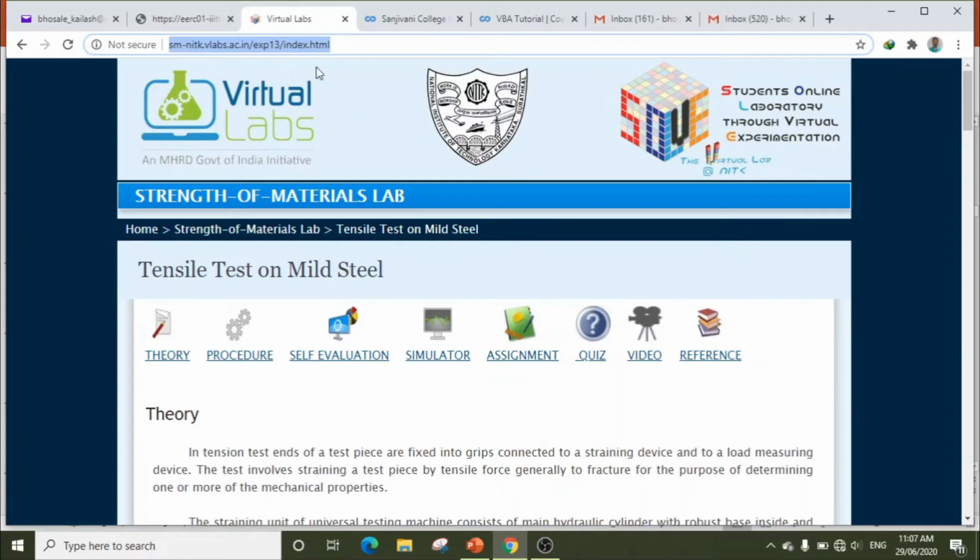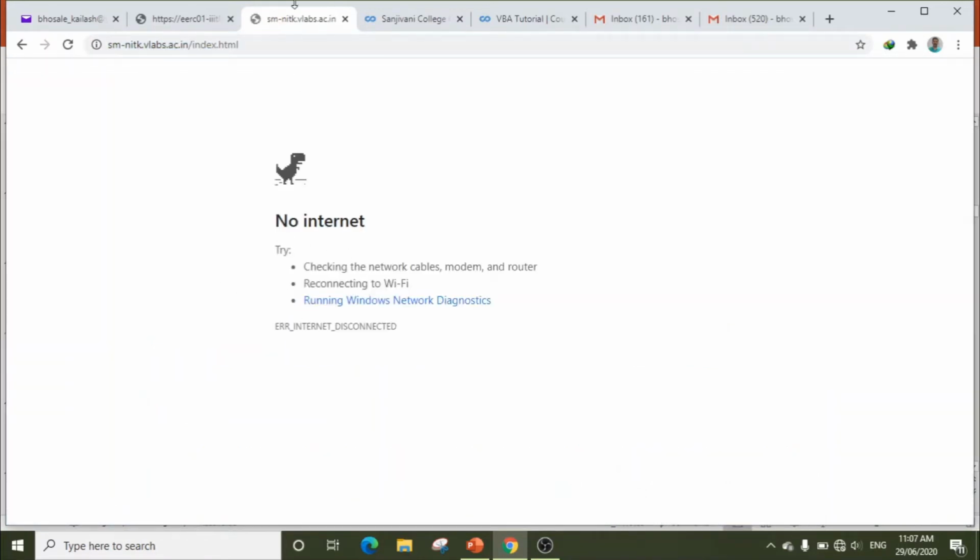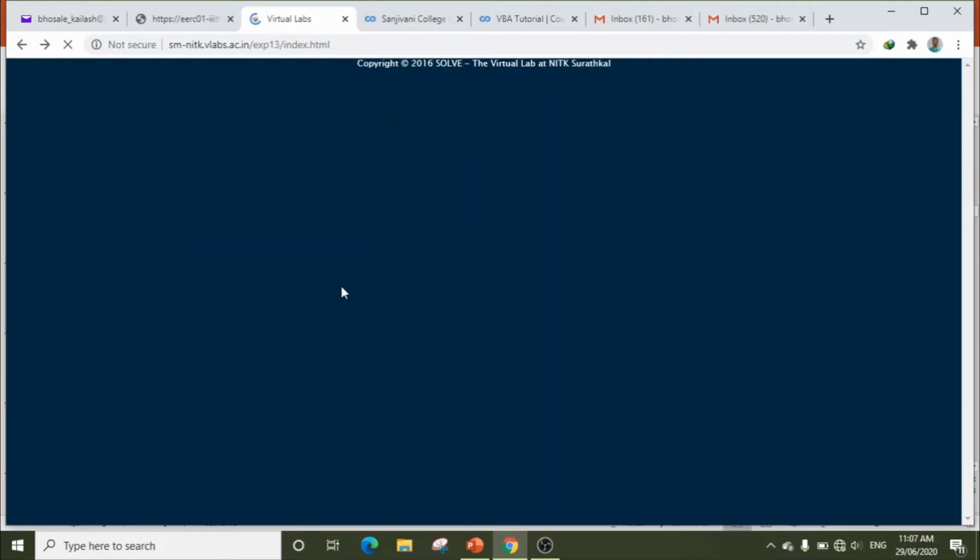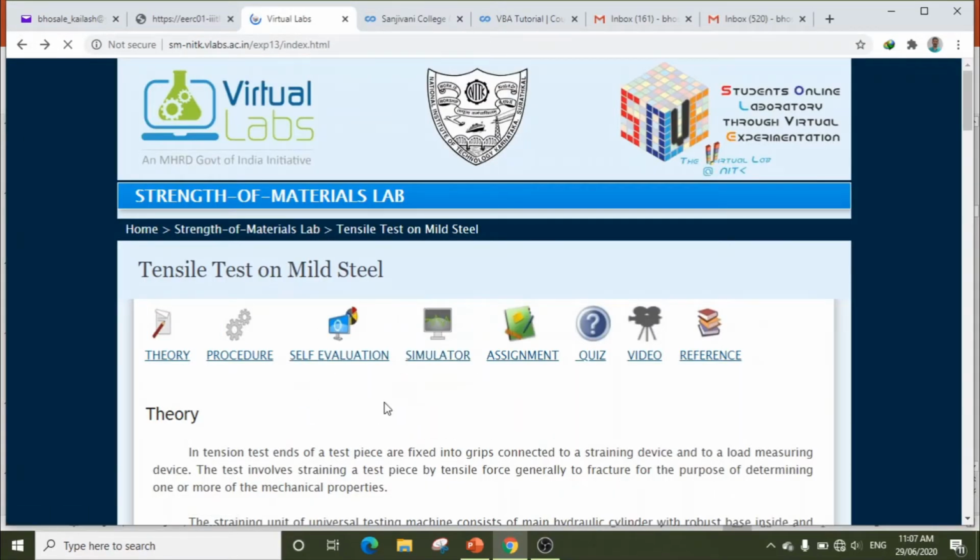Under the virtual labs, they conduct the various tests like tensile test, compression test, torsion test, shear test. All these are available on this page. So we'll see the virtual lab on the tensile test on mild steel.